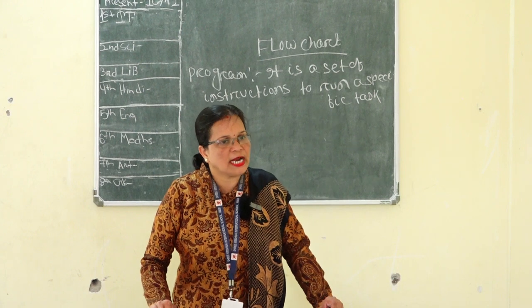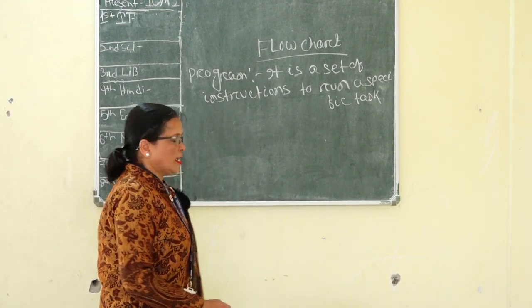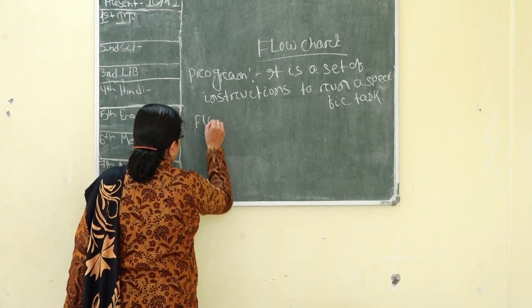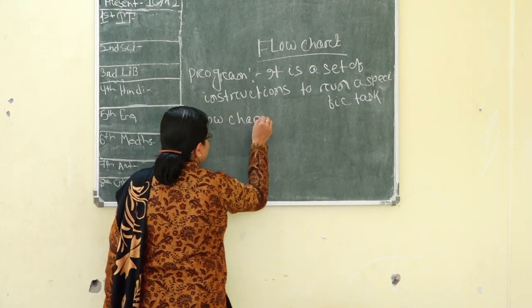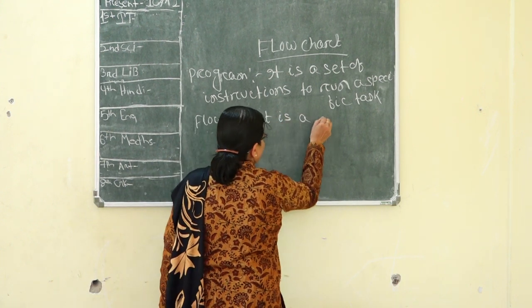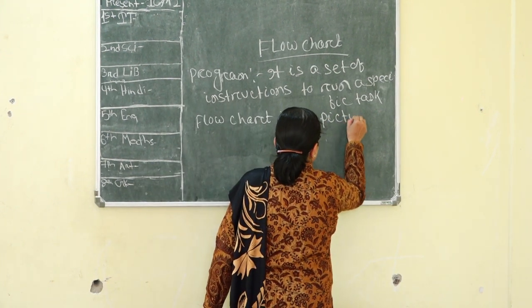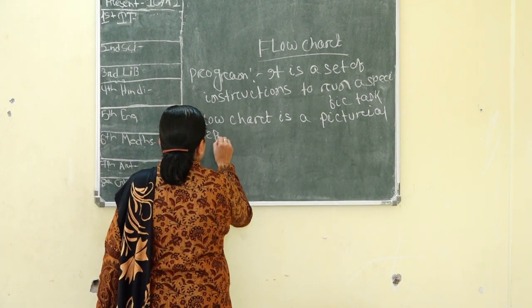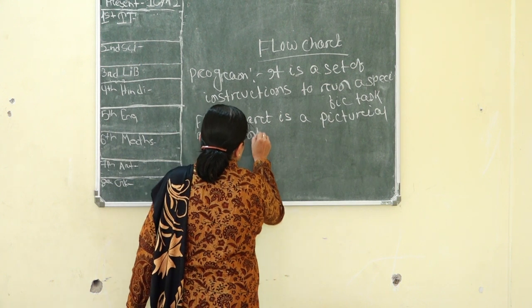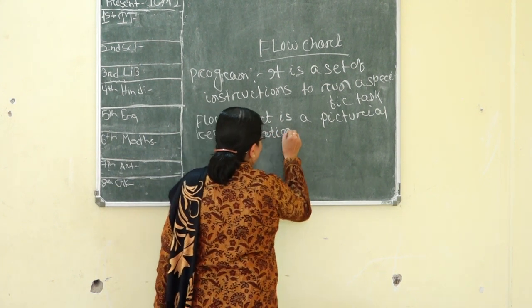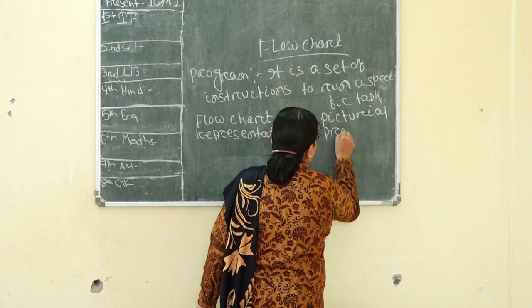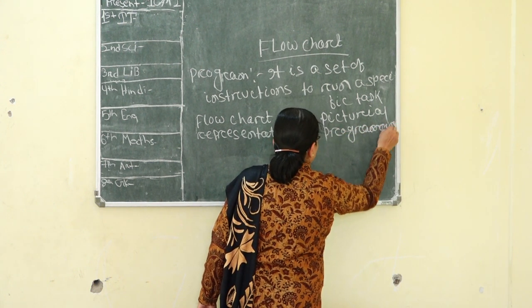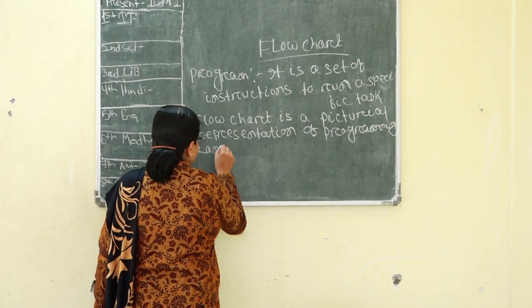Then what is a flow chart? A flow chart is a pictorial or diagrammatical representation of a programming language.